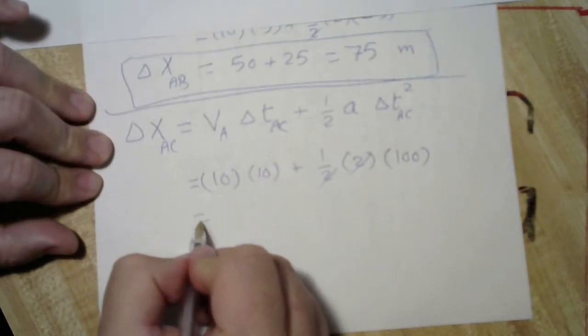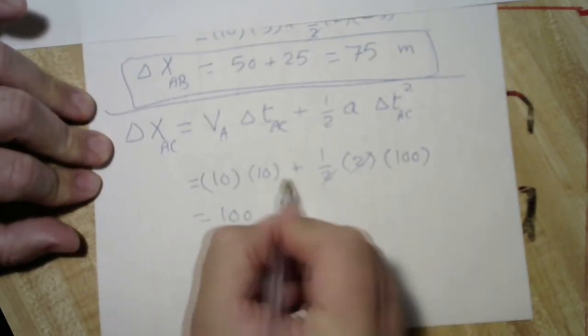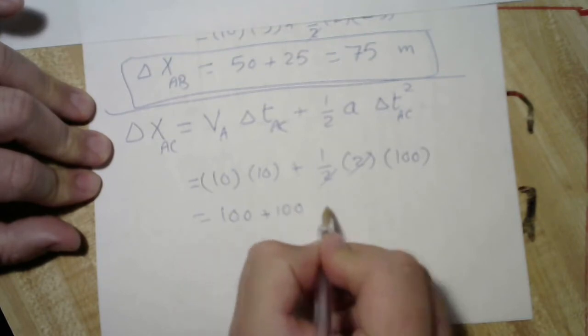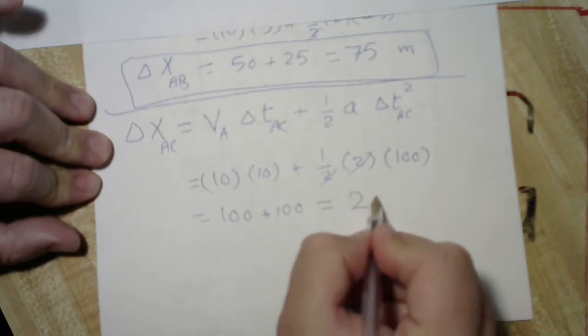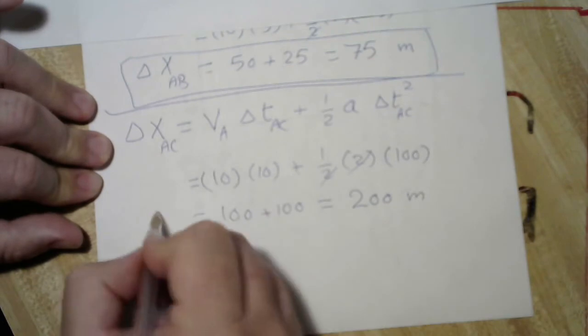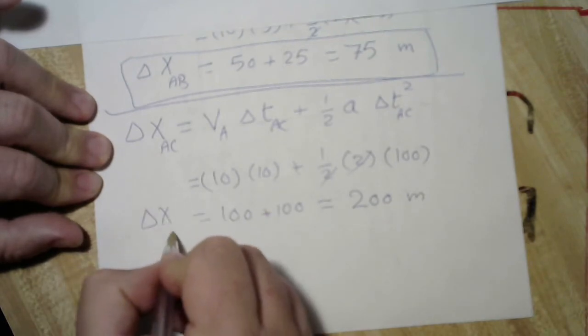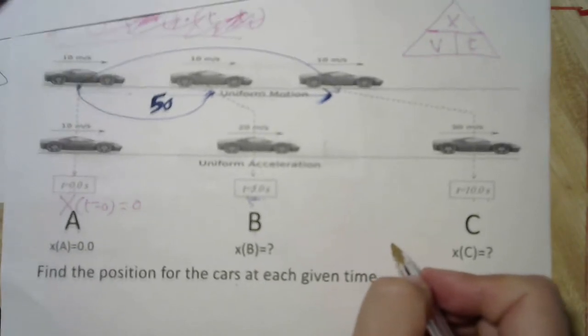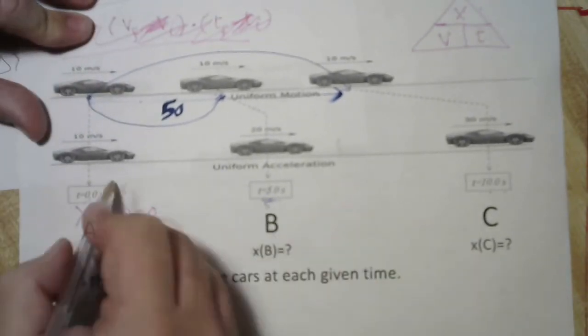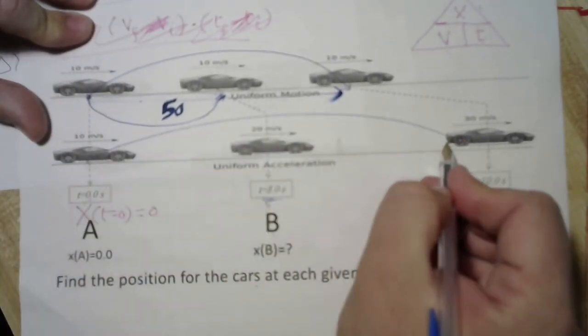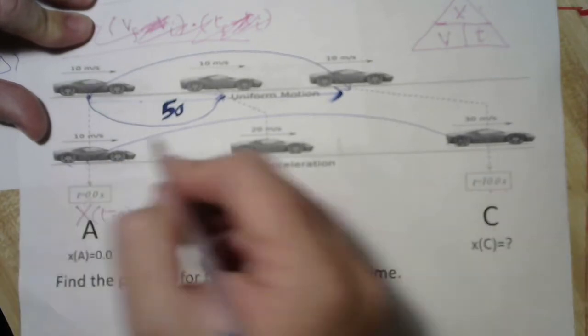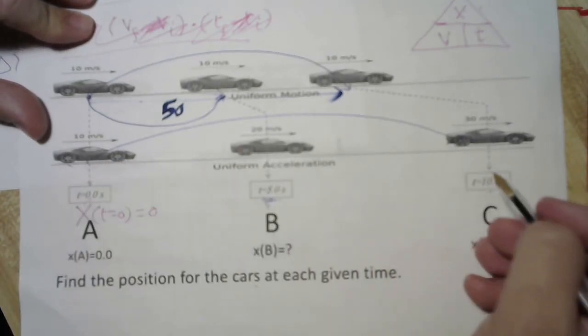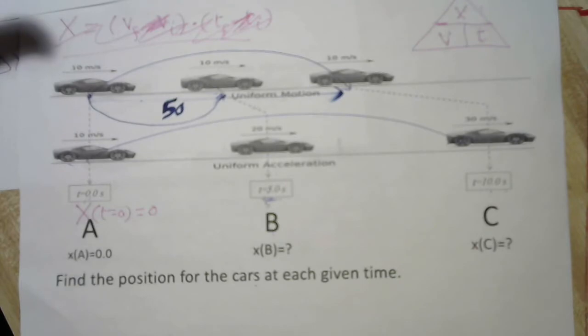This is 100 plus 100, which is equal to 200 meters. This is the change in position between A and C. So now I can compute the way from A to C for the second car, it is 200 meters.